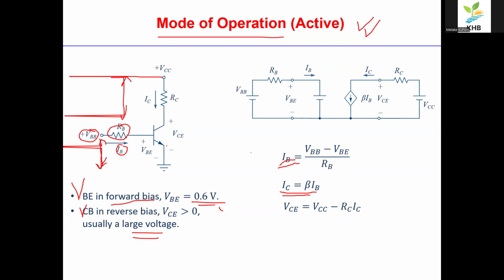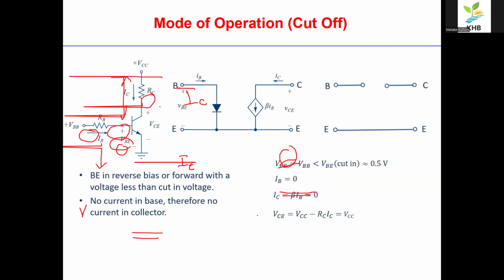From that, we have the relationship IC plus IB is equal to IE, and IC is equal to beta times IB.